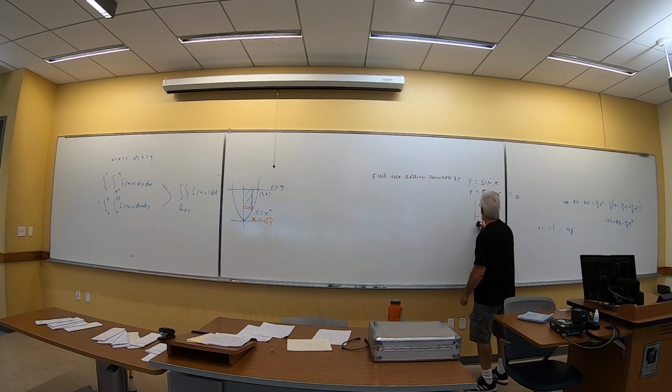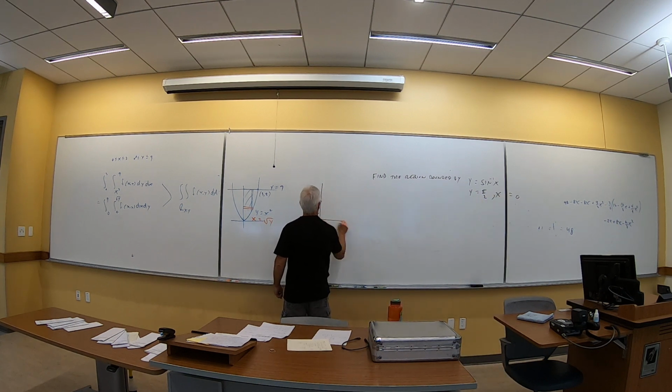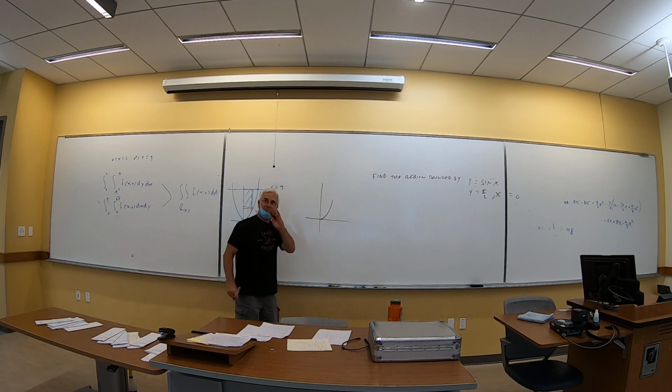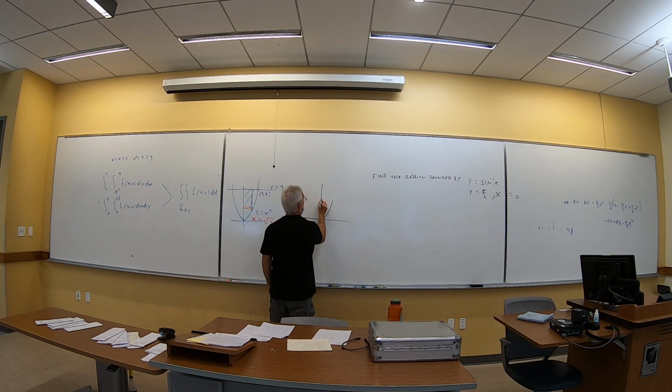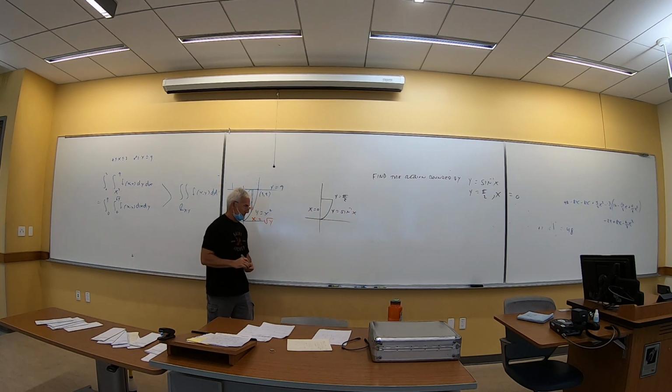Let's make sure I got my picture correctly. All right, I want to find this region. Sine goes this way, so inverse sine basically goes this way. It's just a flip. So this is what it looks like.